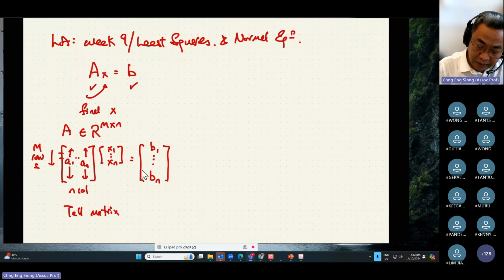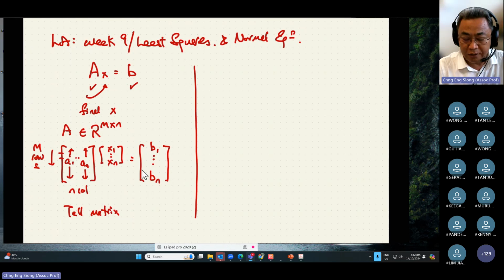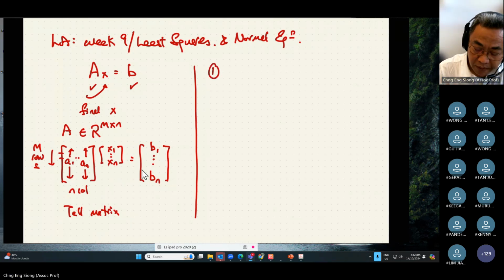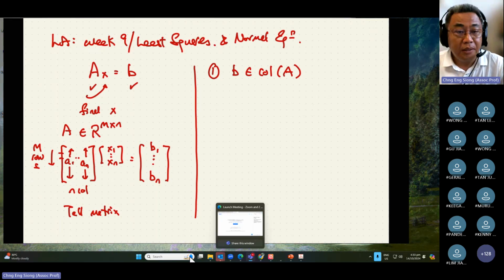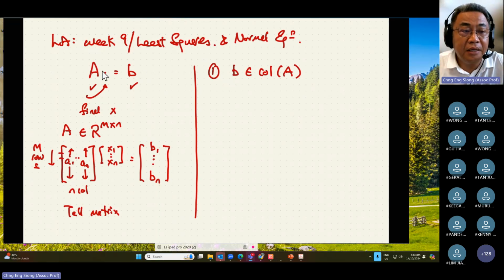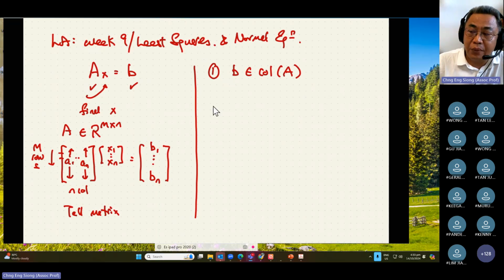And what are the problems, guys? So let's try the simplest case first. b belongs to the column space of A. So please participate. When the vector b is in the column space of A, what can we conclude?